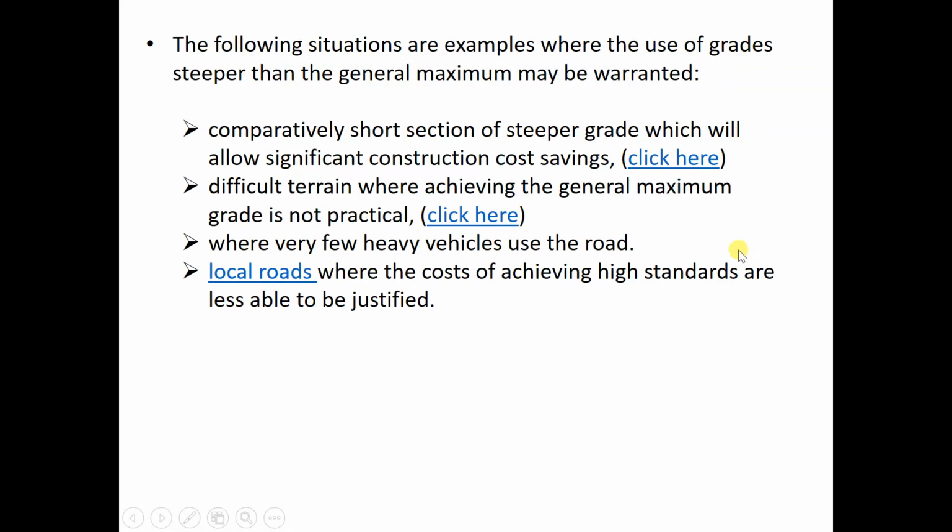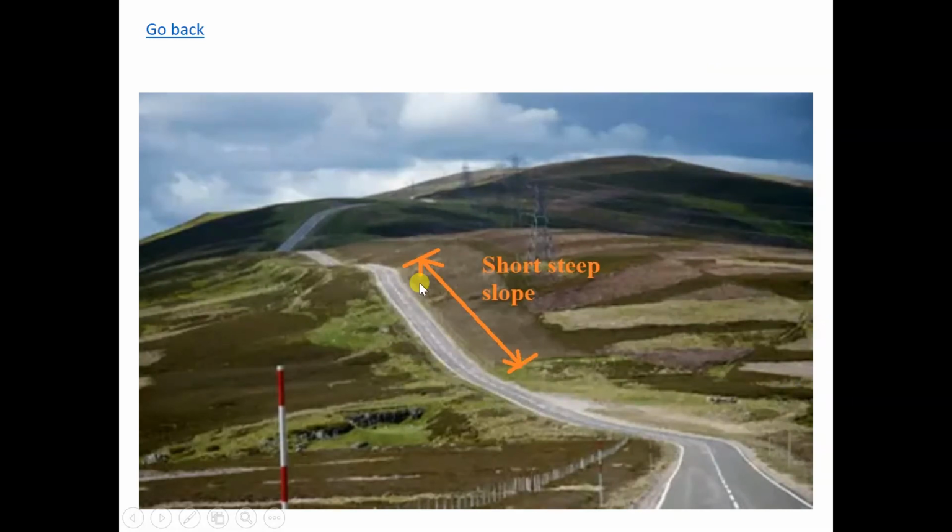Because the steep grade is quite short, this can save some construction costs. That also means that the vehicle going down can carry some speed momentum, and then can go up the hill without being excessively slowed down.